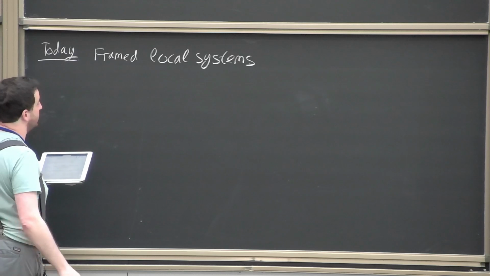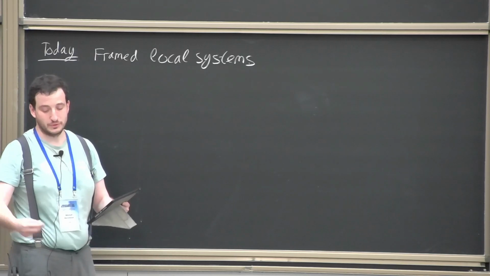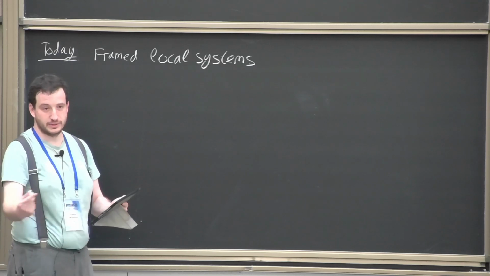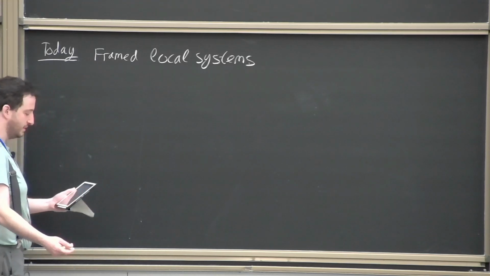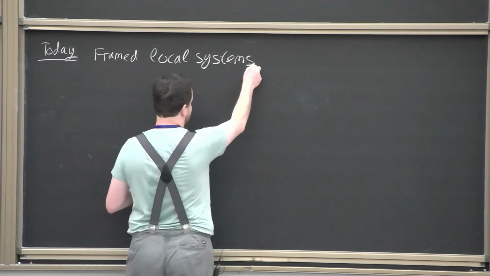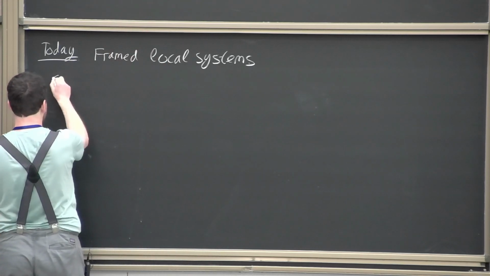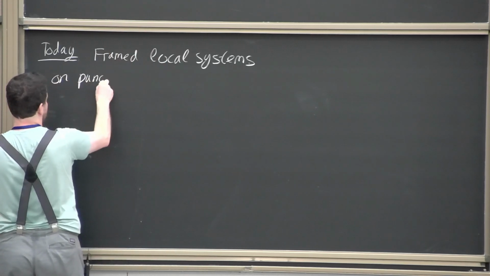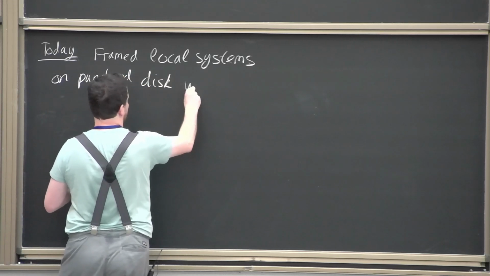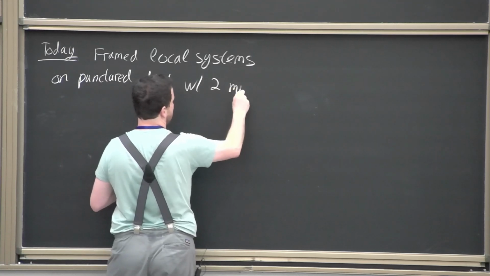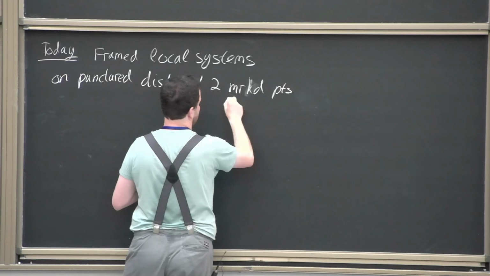So the system depends on the surface, and by the letter S I actually encode a lot of data, not just the surface, but punctures in it, and if you have some boundary components, marked points on the boundary, everything like this. And in the example, I will take a punctured disk with 2 marked points on the boundary.